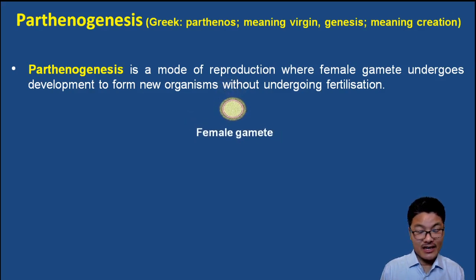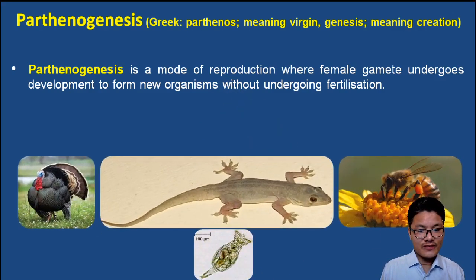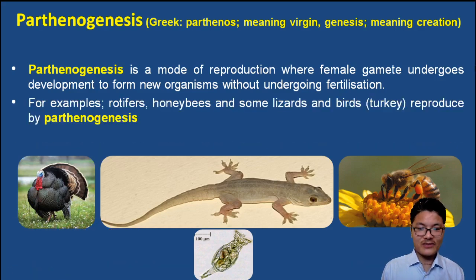Suppose this is a female gamete. Female gametes undergo development and produce different animals, whether it be turkey, lizards, honeybees, or rotifers. Rotifers, honeybees, lizards, and birds, especially turkey, reproduce by the process of parthenogenesis.